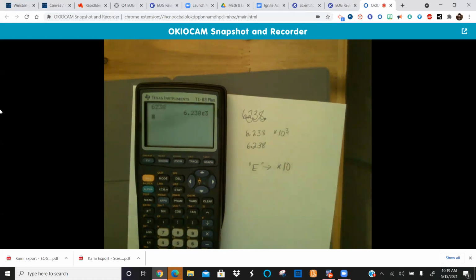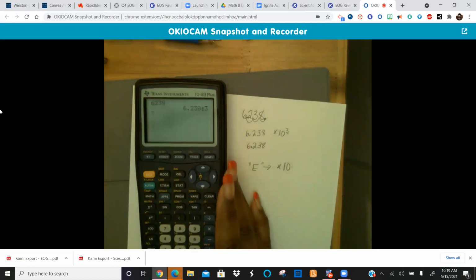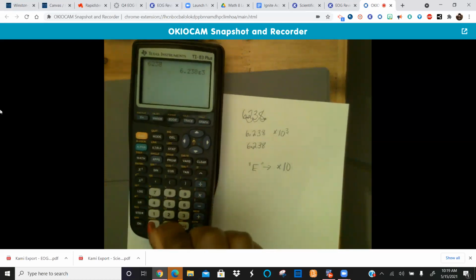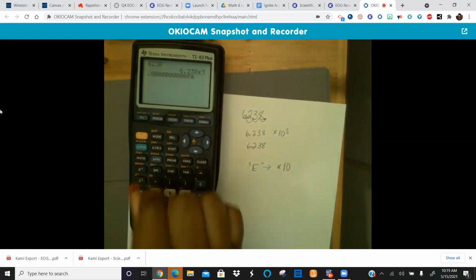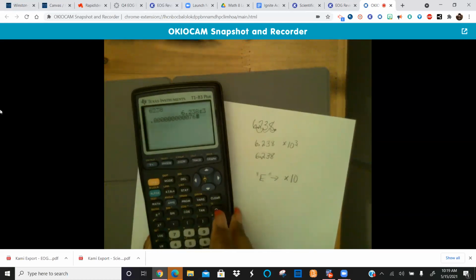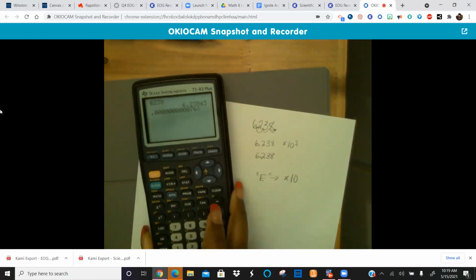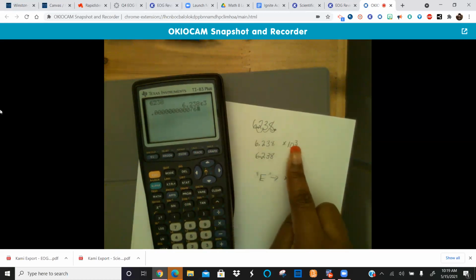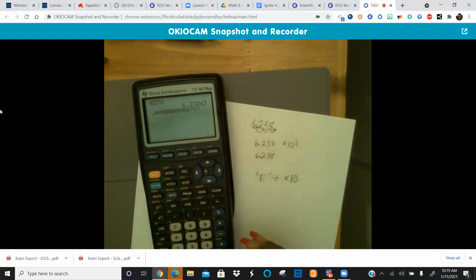Okay. All right. So we're going to type in decimal 0.000000000076. Okay, this is a really small number. It's smaller than 1. So you know your exponent is going to be a negative number since the original number is smaller than 1.